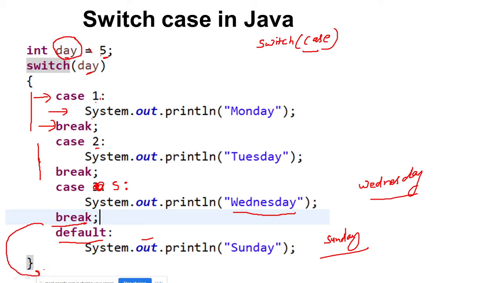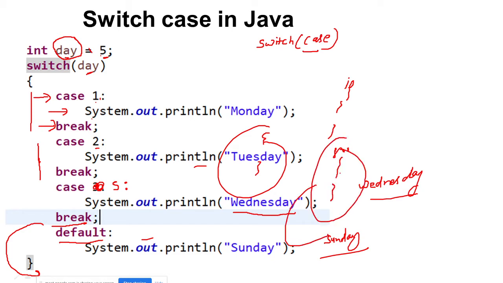Just like I said, wherever you find break, you come out of the loop. And loop means these braces. If you are using if else, there will be braces. If you are using the for loop, there will also be braces, right? So it will come out of the loop. Loop means come out of the current block.